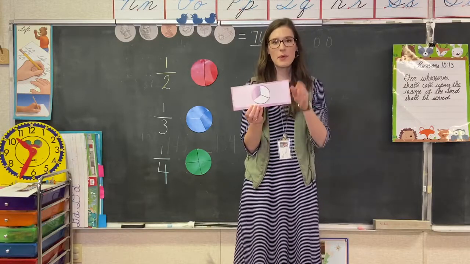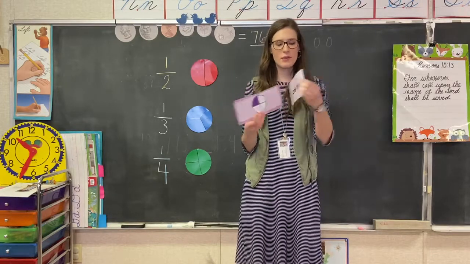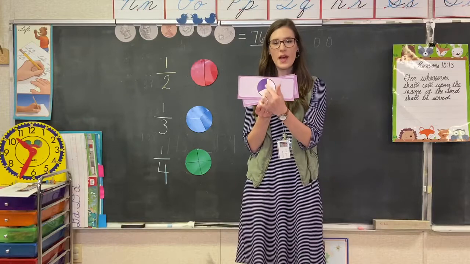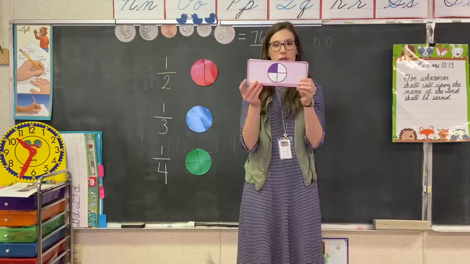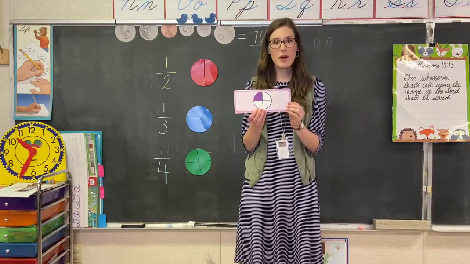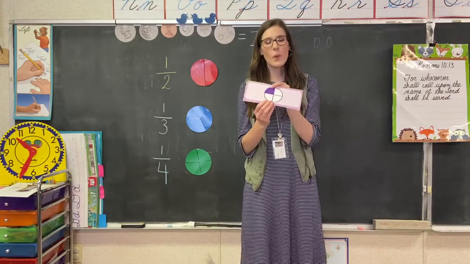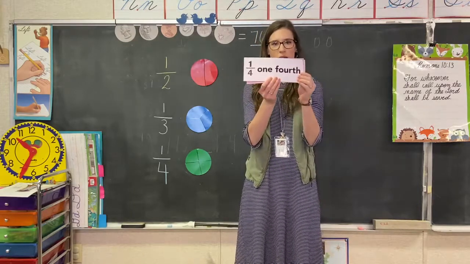So the purple part of this circle is 1/3 of the whole circle because it's 1 piece out of all 3 pieces. This circle is divided into 4ths because there are 4 parts. The colored part is 1 out of 4. I'll show you the back. 1/4.